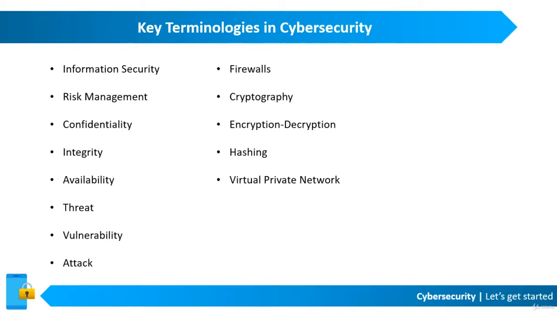A virtual private network is a kind of network which people use to access informational assets when they are working remotely, or anyone who wants to access the organization's resources but is not in the organization. It is a secured network which uses secured protocols as if the people are in the organization itself.